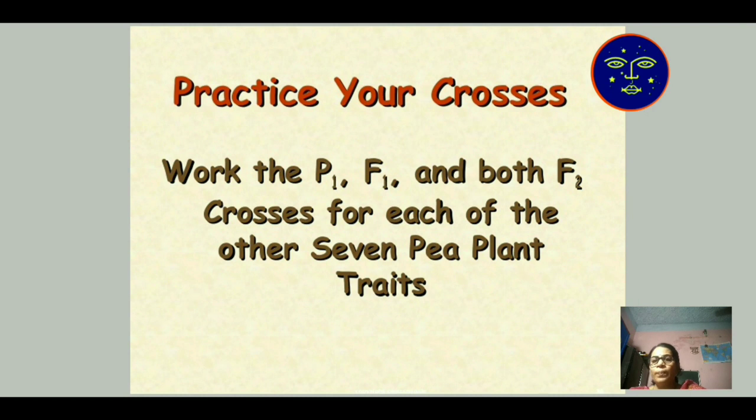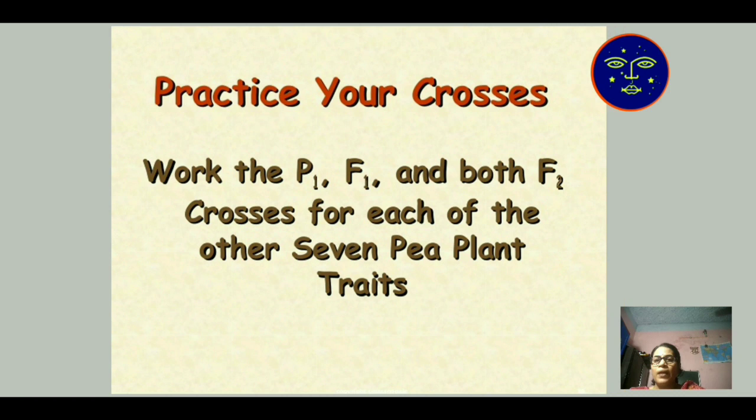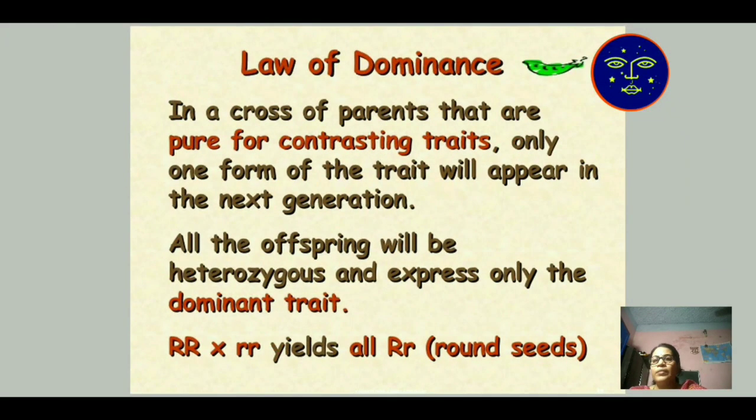How the pea plant was taken by Mendel and how he crossed each of the characters, the 7 pea plant traits. Then he determined a law known as the law of dominance. Always the dominating character is expressed in each and every offspring.